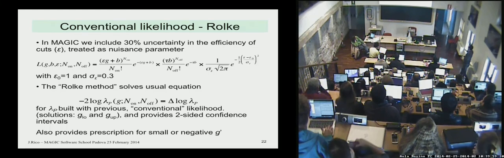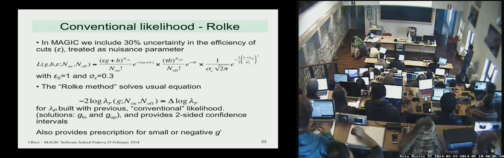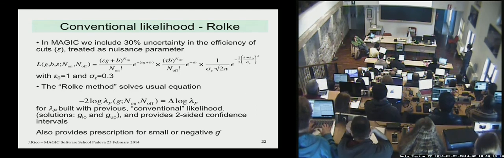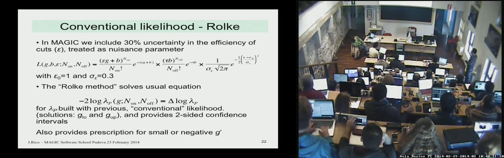This is an assumption. We assume that this efficiency is distributed as a Gaussian with a mean value of 1. So in principle, what we think is our efficiency in detecting gamma rays is the central value, and it has an uncertainty of 30%. This is a decision that was taken, I don't know when, and it has been kept in MAGIC since forever.